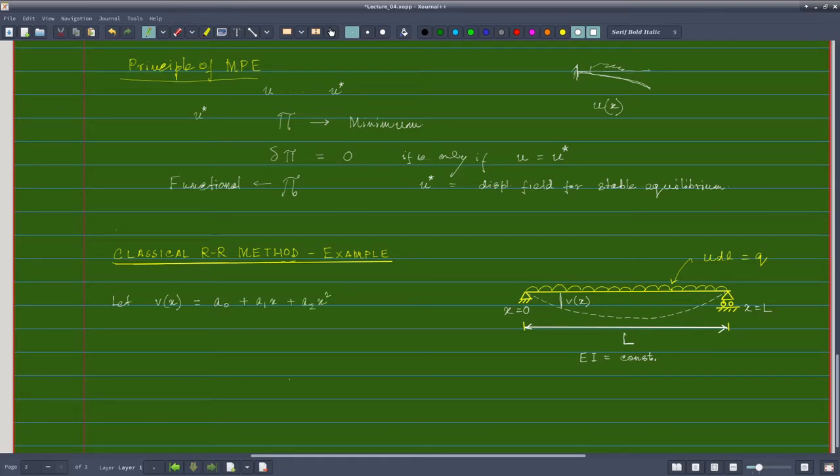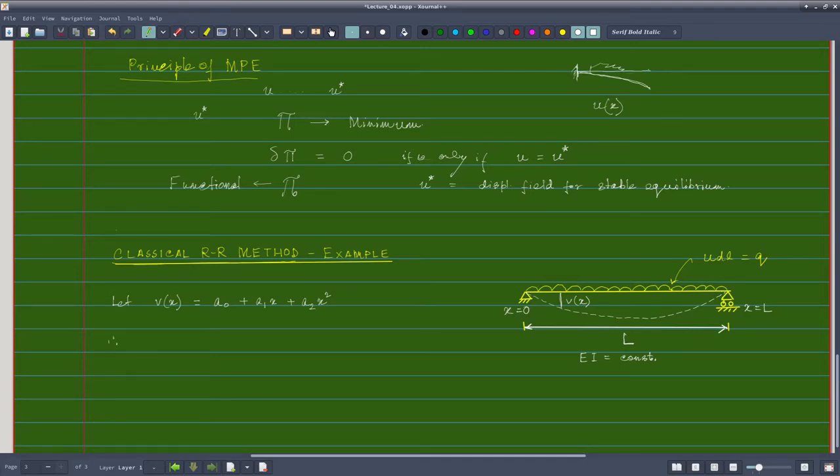Now let us apply the essential boundary conditions. What are my essential boundary conditions? We know that at x equal to 0, V is 0, and at x equal to L, again V is 0.